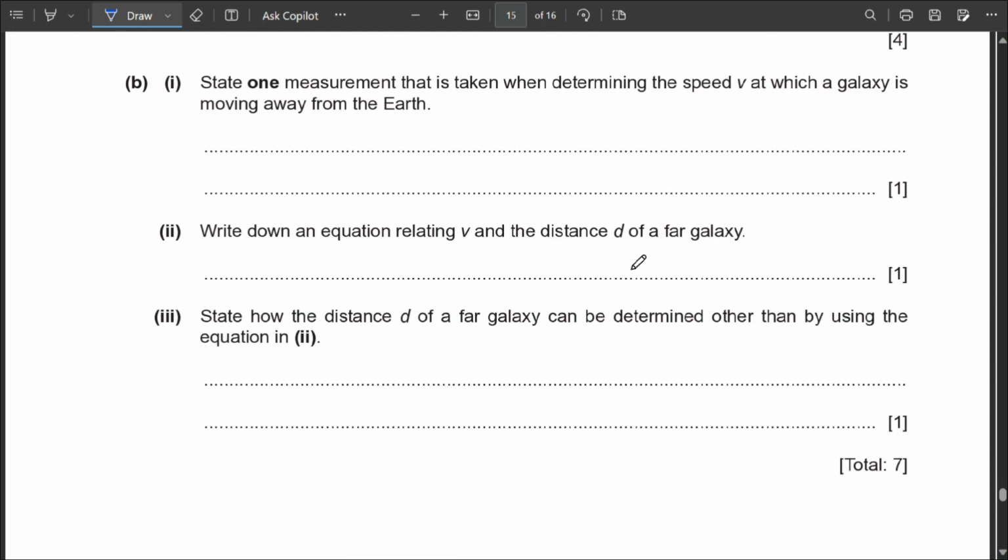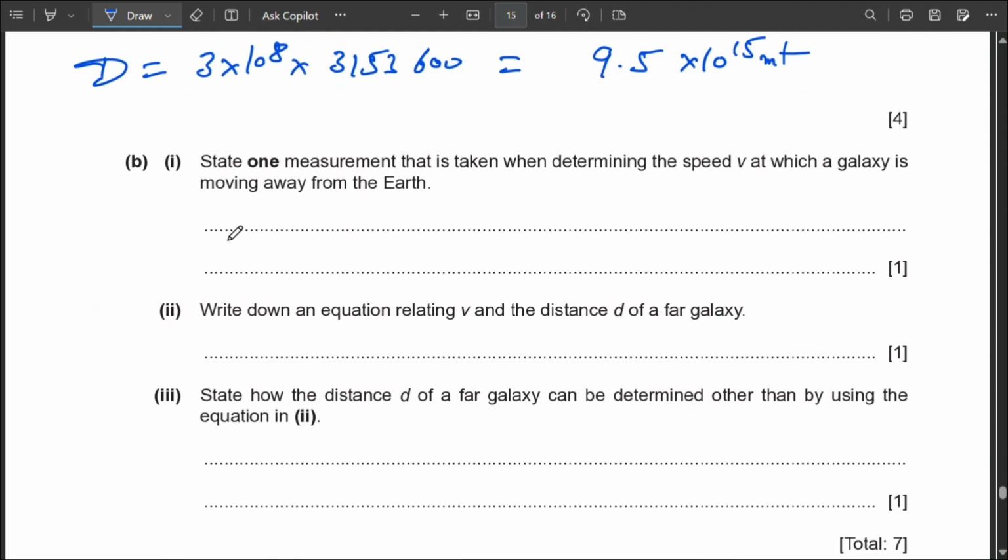Okay. B, first part. State one measurement that is taken when determining the speed v at which a galaxy is moving away from Earth. See, when it comes to galaxies, that's the red shift. Actually, we measure the red shift, because we know that the galaxies which are going far away from Earth will show the red shift, and those which are coming closer towards our galaxy will show the blue shift.